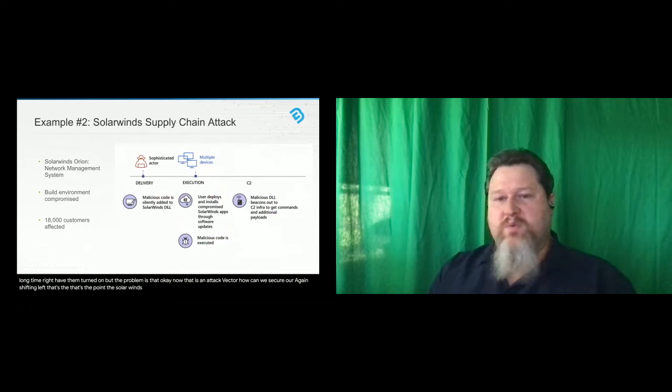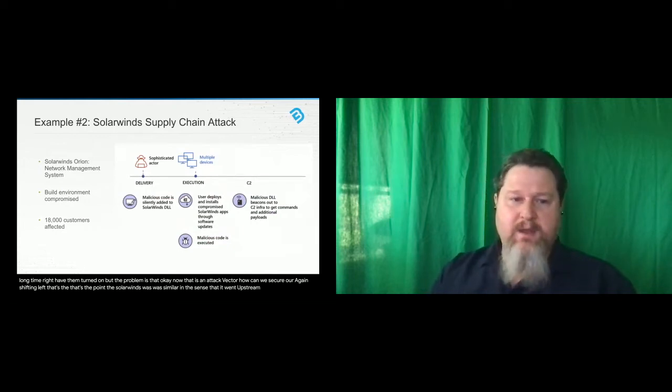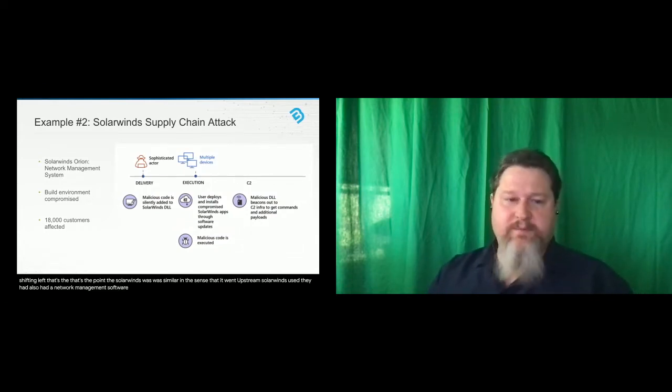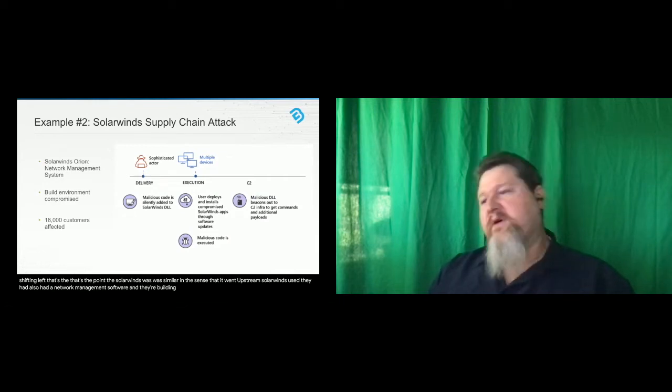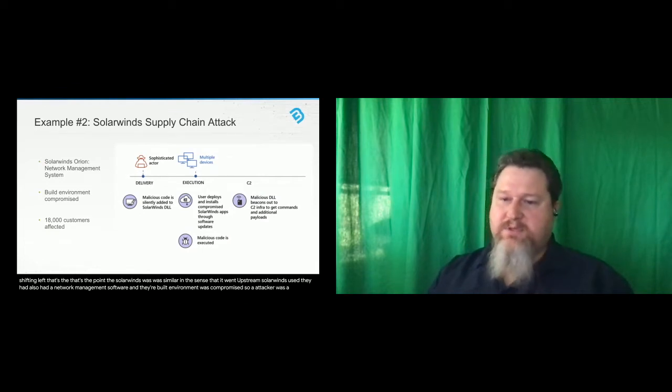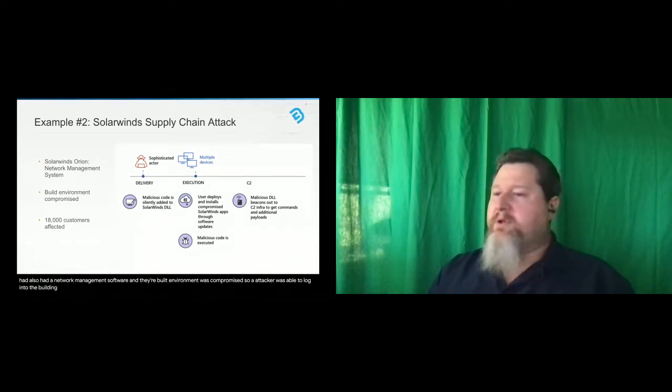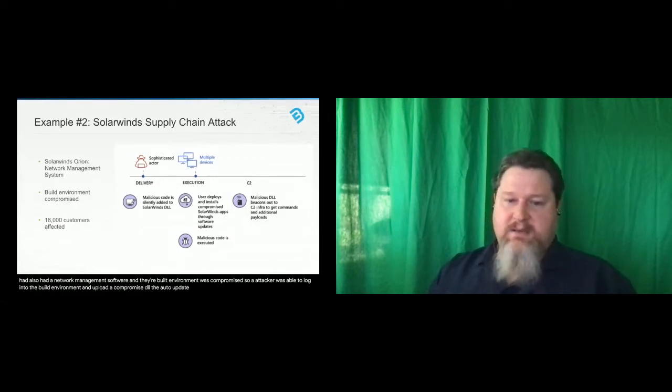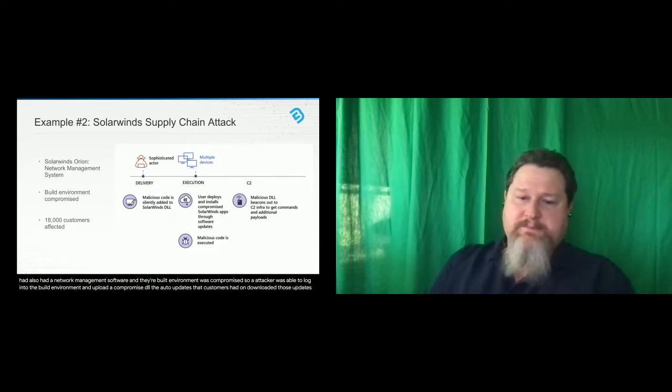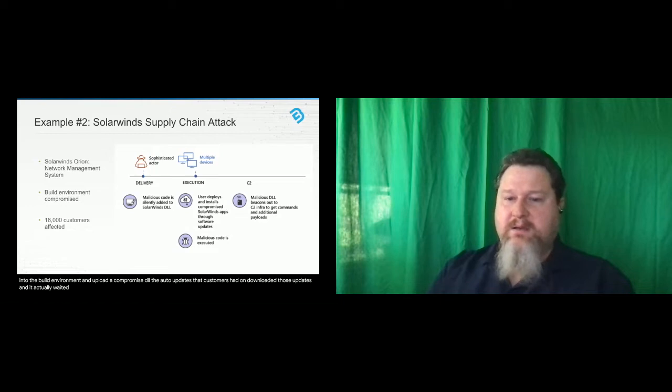SolarWinds was similar in the sense that it went upstream. They also had network management software, and their build environment was compromised. An attacker was able to log into the build environment and upload a compromised DLL. Customers' auto updates downloaded those updates, and it actually waited 15 days to strike.